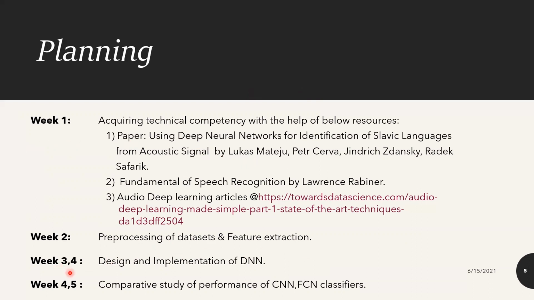In weeks 3 and 4, we will design and implement our deep neural network. And in weeks 4 and 5, we will study the performance of the CNN and FCN classifiers. We will compare the accuracy of both of them and come to a result about which of them is more accurate.